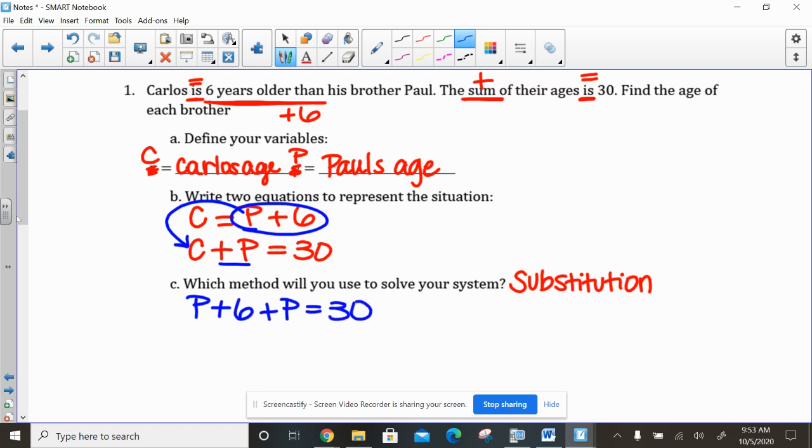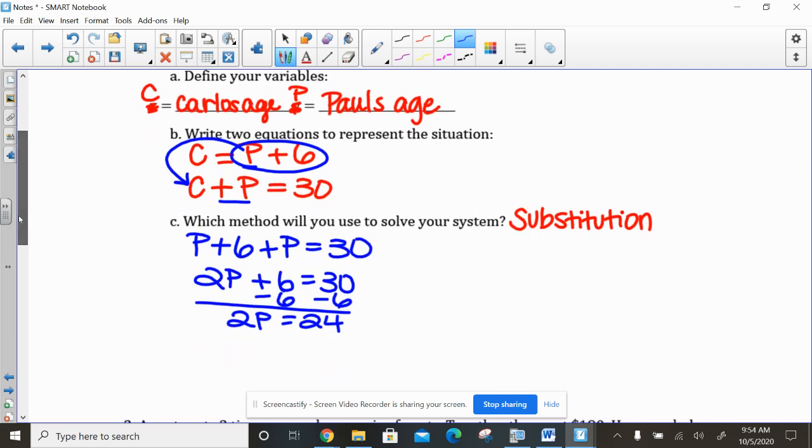P plus P, if I combine like terms, I get 2P plus 6 equals 30. Subtract 6 from both sides. I get 2P equals 24. And then divide both sides by 2. P equals 12. So that represents Paul's age. Paul is 12 years old.